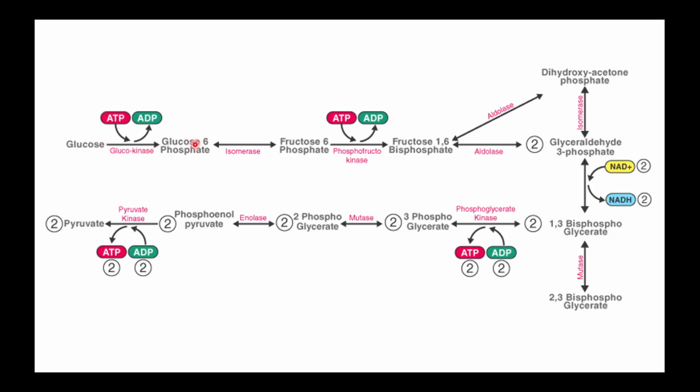One is glucose to glucose 6 phosphate, catalyzed by hexokinase. ATP will give its phosphate to glucose, and ATP will become ADP, and glucose will become glucose 6 phosphate. The second step where ATP is utilized is fructose 6 phosphate to fructose 1,6 bisphosphate, where again ATP will give its phosphate to fructose 6 phosphate to become fructose 1,6 bisphosphate.